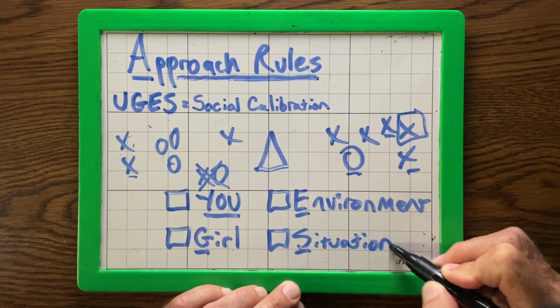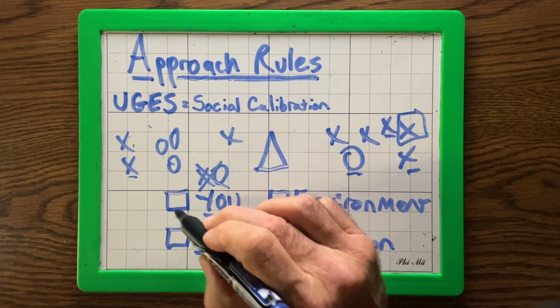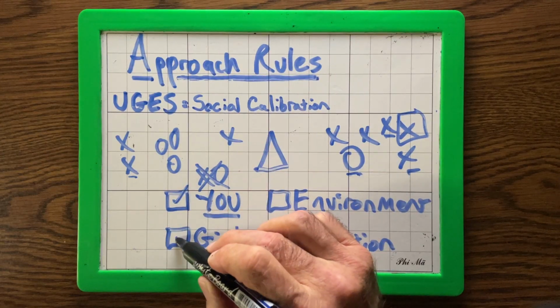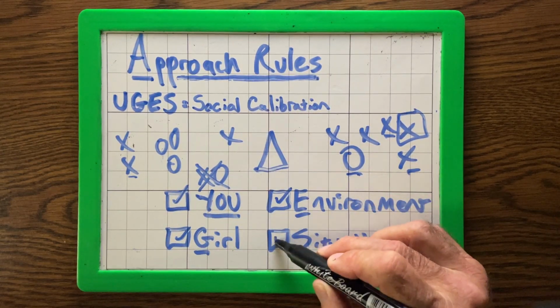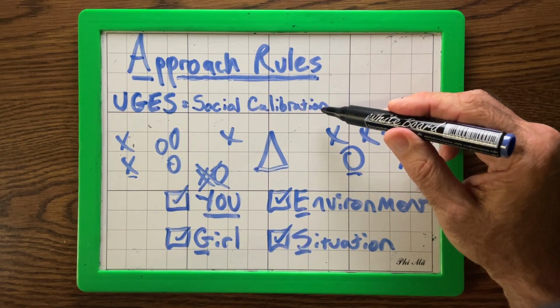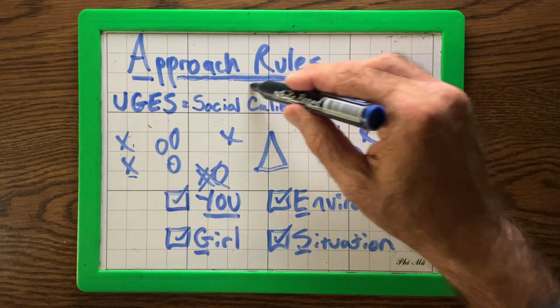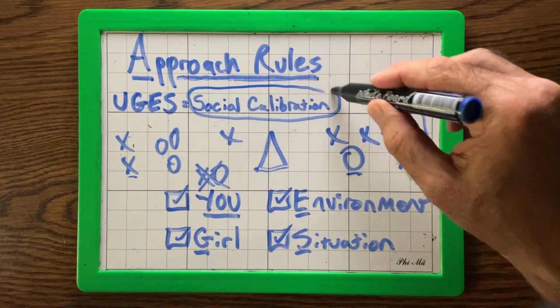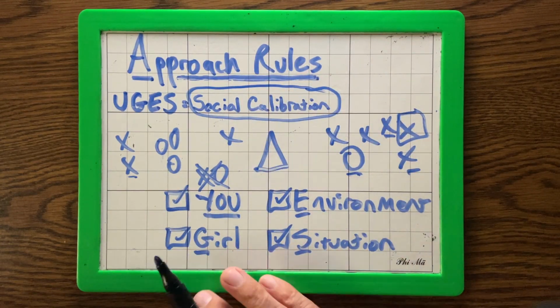The interplay of these 4 variables, you, the girl, the environment, and the situation, is going to determine your social calibration. Okay? Social calibration depends on the interplay of these 4 variables.